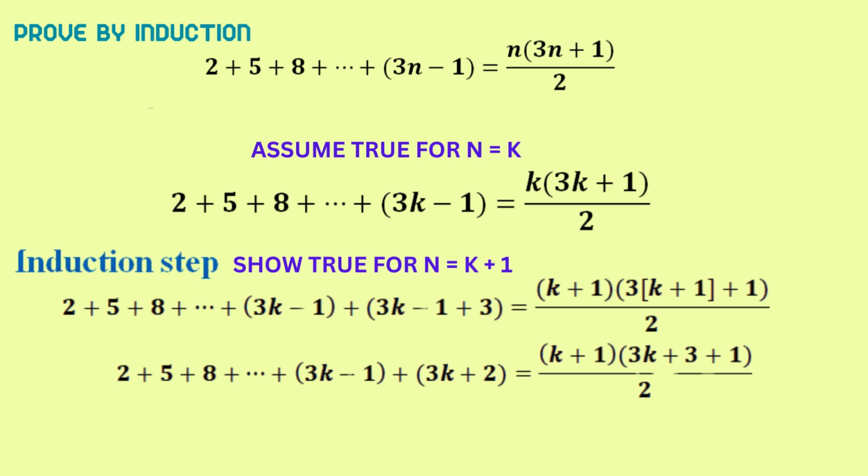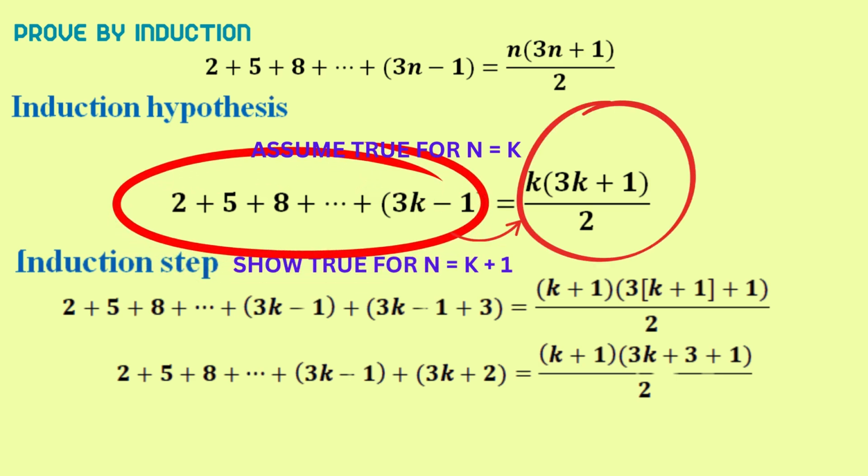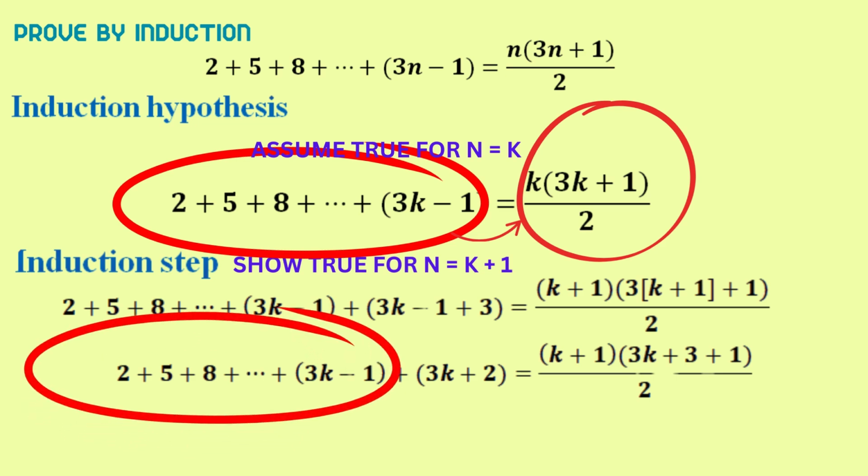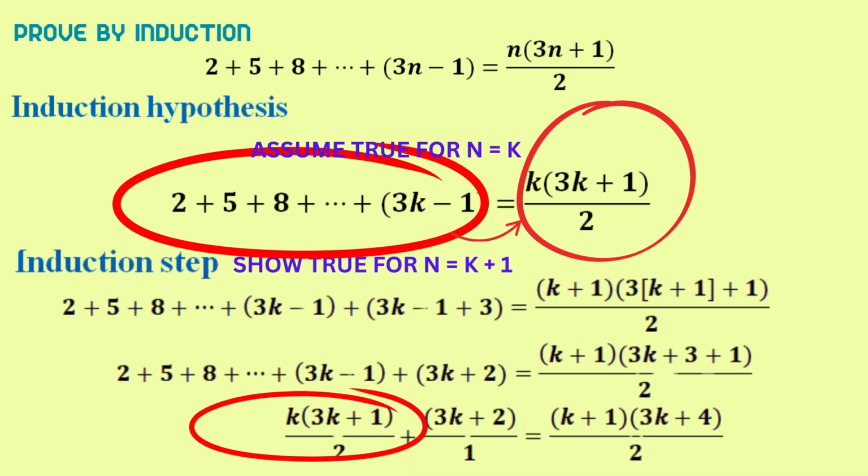In every induction proof, the equation in step 2 is substituted in step 3. Notice in step 2, the summation from 2 to 3k minus 1 is equal to k times 3k plus 1 over 2. So we can replace the summation of all these terms with k times 3k plus 1 over 2.